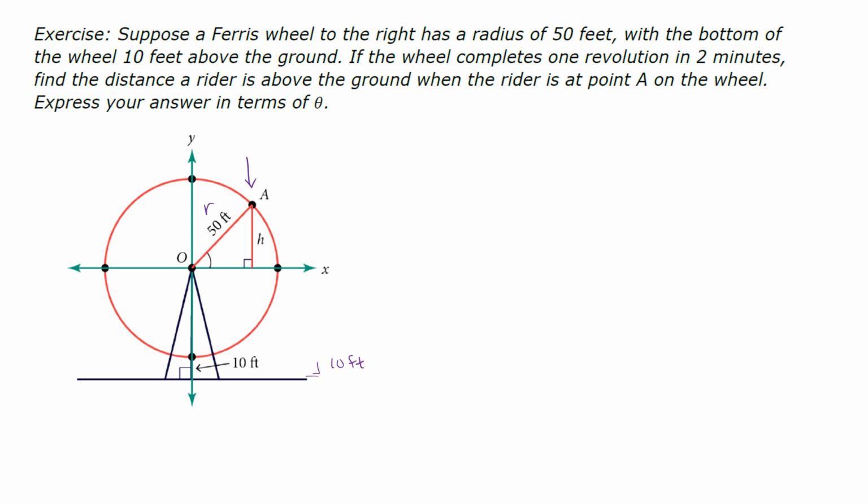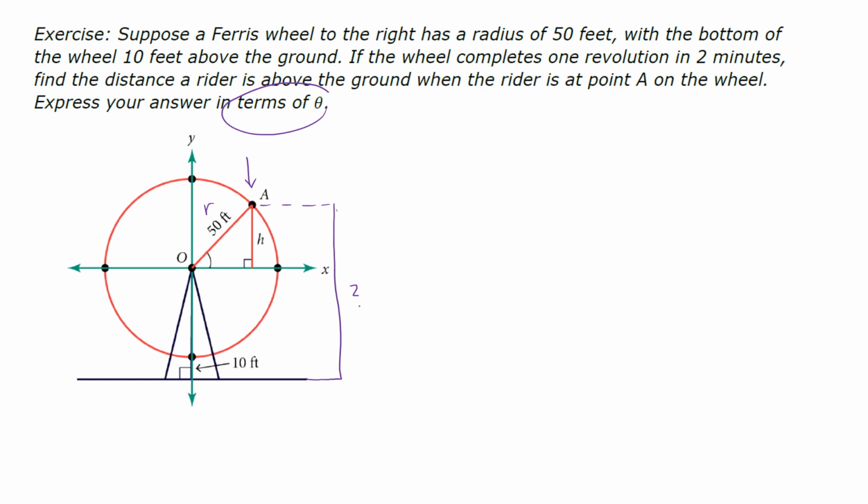Let me rearrange this here. This is what we're trying to look for. How high is point A from the ground? And we need to express it in terms of theta. They're not giving us an angle measurement, so we're just going to leave the angle measurement as theta.